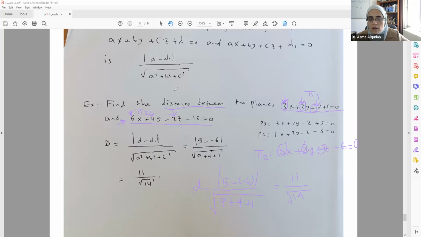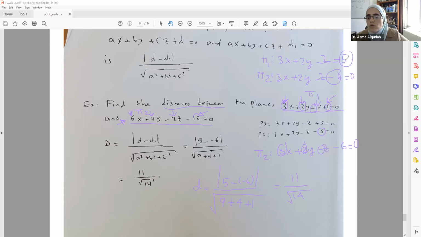Of course, when we want to find the distance, we have to put the two equations in the standard form. The constant terms should be on the left side of the equation. If the equations in the question were given like plane pi 1 is 3x plus 2y minus z equals 5, and pi 2 is 3x plus 2y minus z minus 6 equals 0, you can't use the constant terms like this.